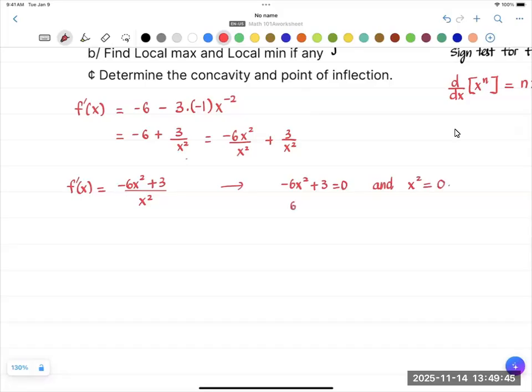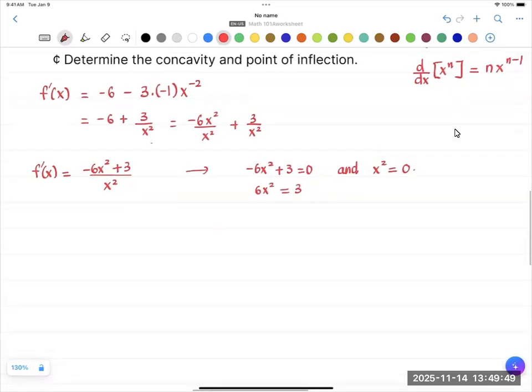I have 6x squared equals 3, which gives x squared equals 1/2. Take the square root of both sides, and I will have plus and minus the square root of 1/2. Make sure you have plus and minus because you take a square root. On the other hand, I will have x equals 0.